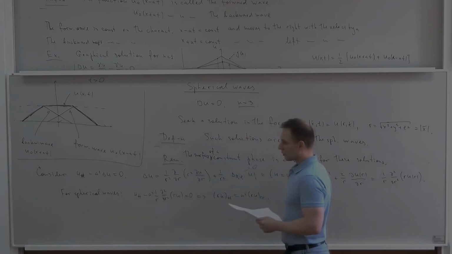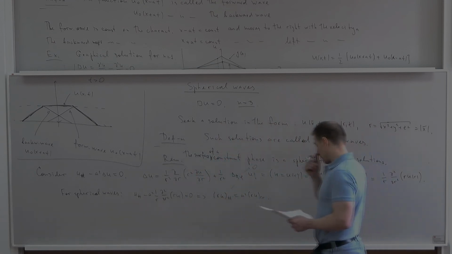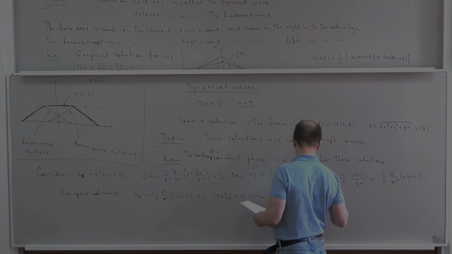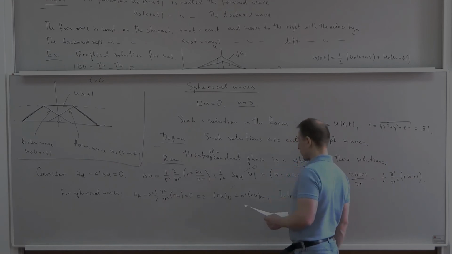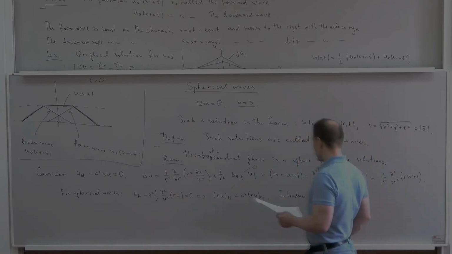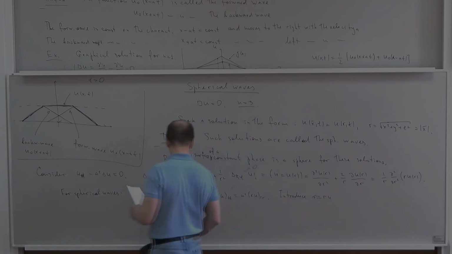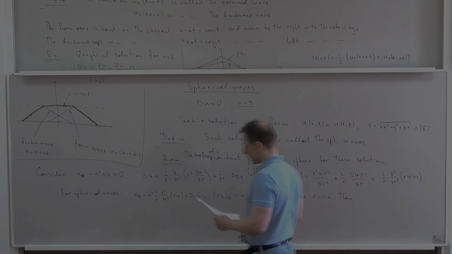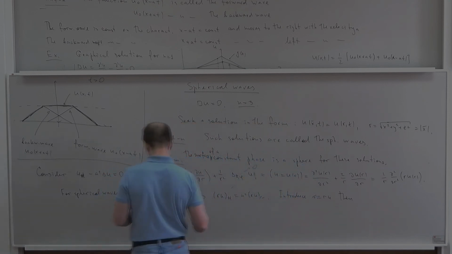Then if you introduce a new function v, which is by definition r times u, this equation is reduced to the one-dimensional wave equation.